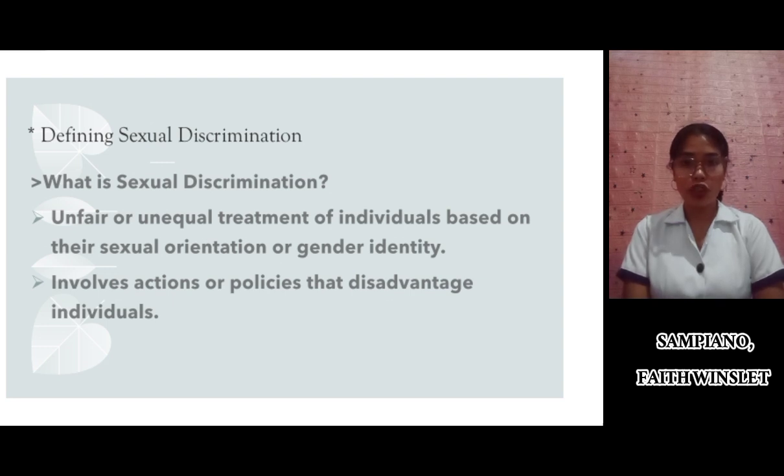This can happen in jobs, schools, or daily life when people are denied opportunities, paid less, or treated differently just because they are male, female, or another gender. For example, a company refuses to hire a woman for a leadership position because they believe only men can handle high-pressure roles. Even if she has the same skills and experience as the male candidate, she is unfairly denied the job just because of her gender.